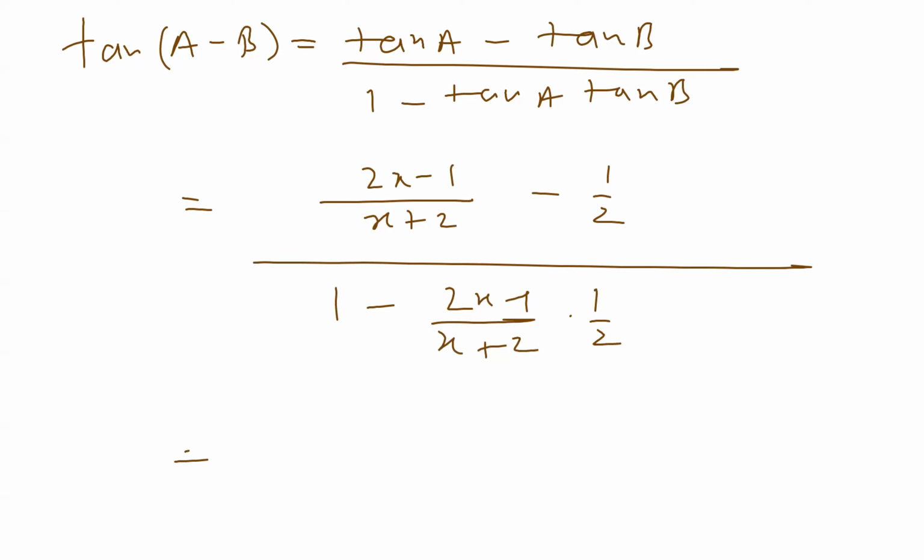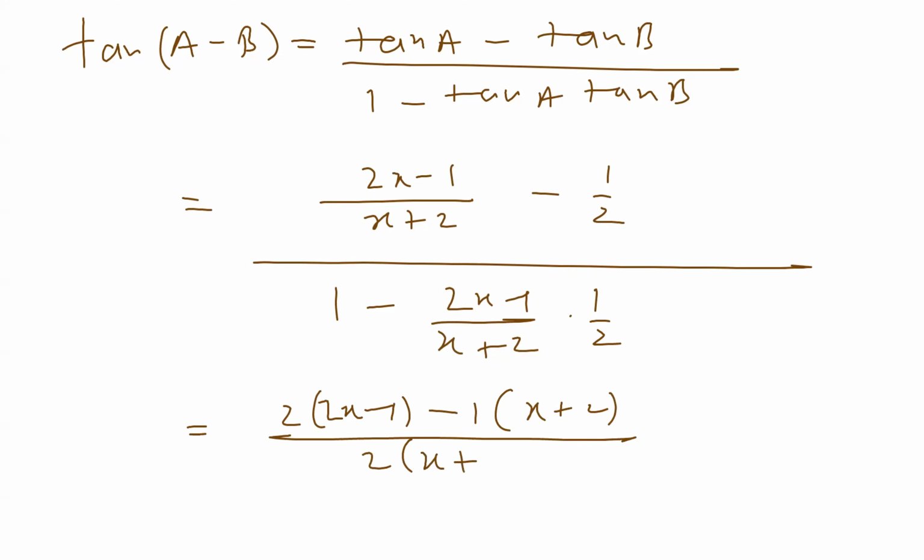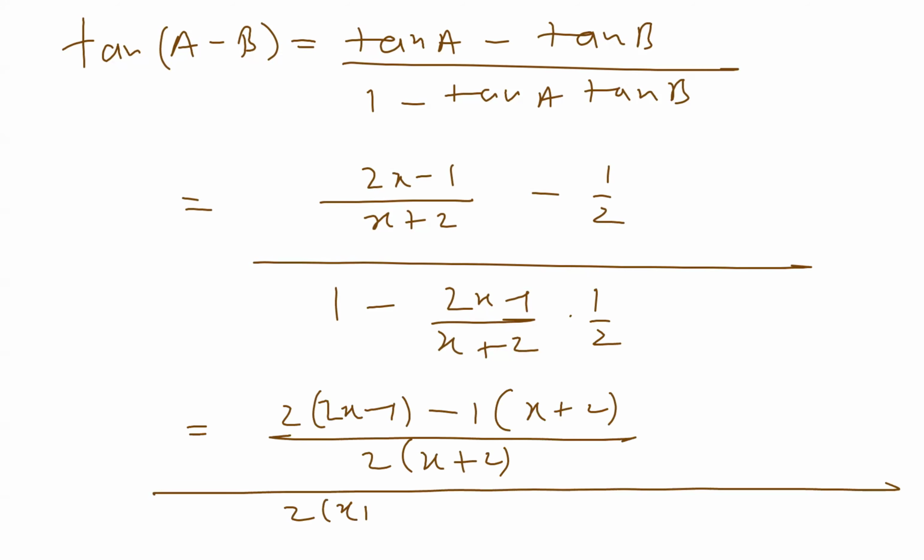So take LCM: 2 into 2x minus 1 minus 1 into x plus 2, upon 2 into x plus 2, and denominator 2 into x plus 2 minus 1 into 2x minus 1 upon 2 into x plus 2. And this is getting cancelled. Fine.